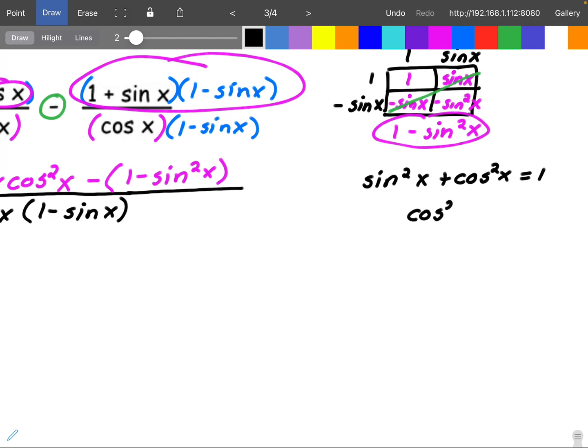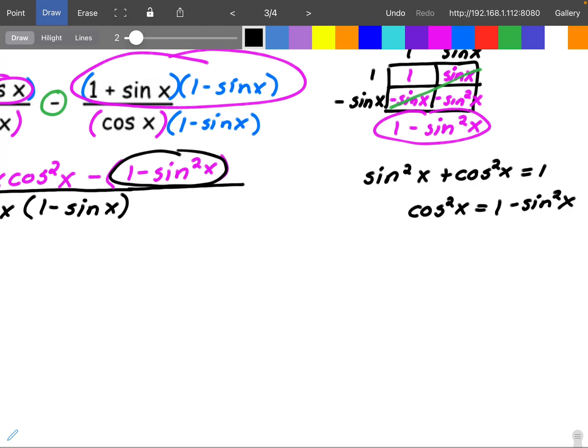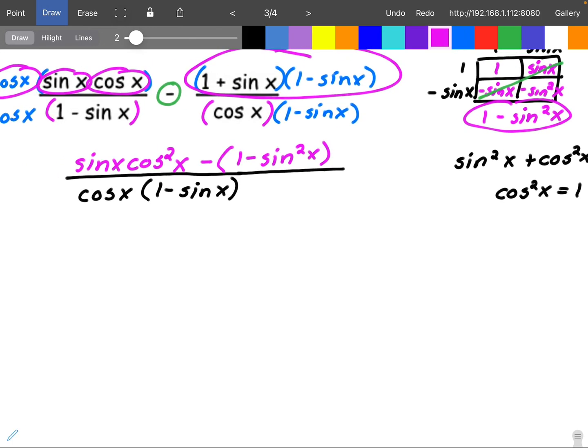So that would give me cosine squared x equals 1 minus sine squared x. So that means that I can replace this with cosine squared x. So that's where we're going to go next.